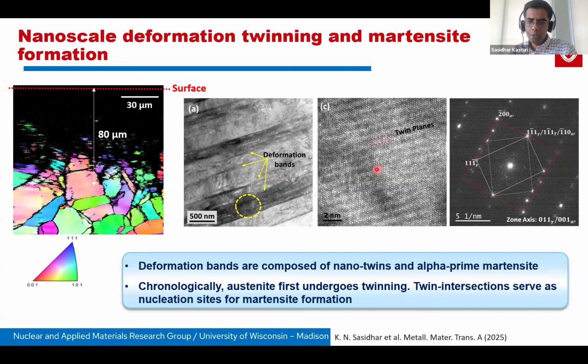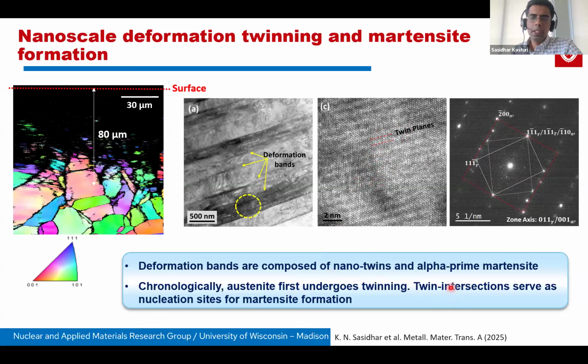If you look at the high resolution image, you can see the twins, and it's very interesting to see that the twin thickness is very small. The twin width is just about a couple of nanometers. So essentially, the important points here are deformation bands are composed of nanotwins and alpha prime martensite.